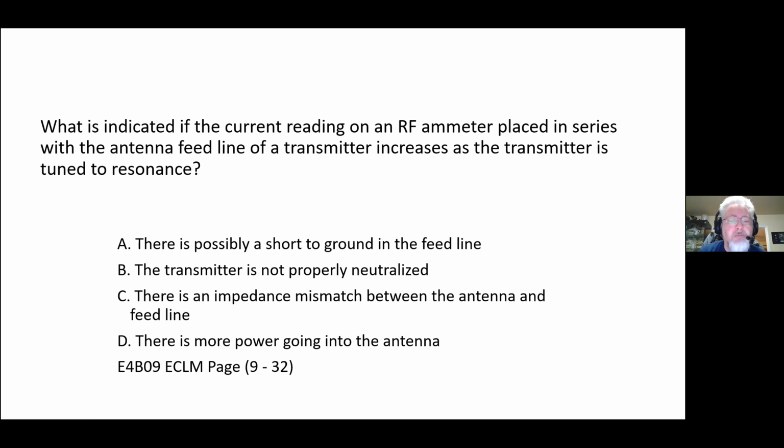B, the transmitter is not properly neutralized. C, there is an impedance mismatch between the antenna and the feed line. D, there is more power going into the antenna. Delta. Delta is correct. There is more power going into the antenna.